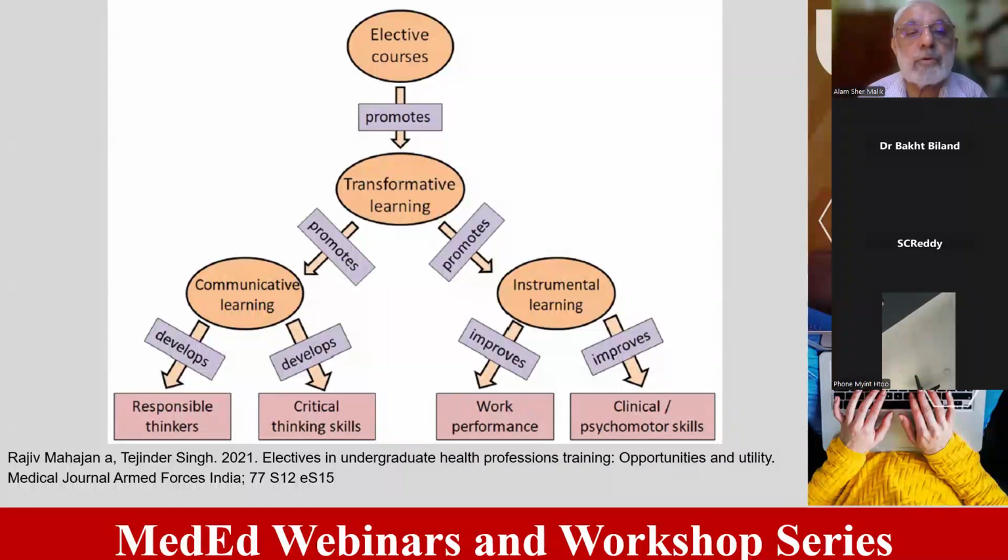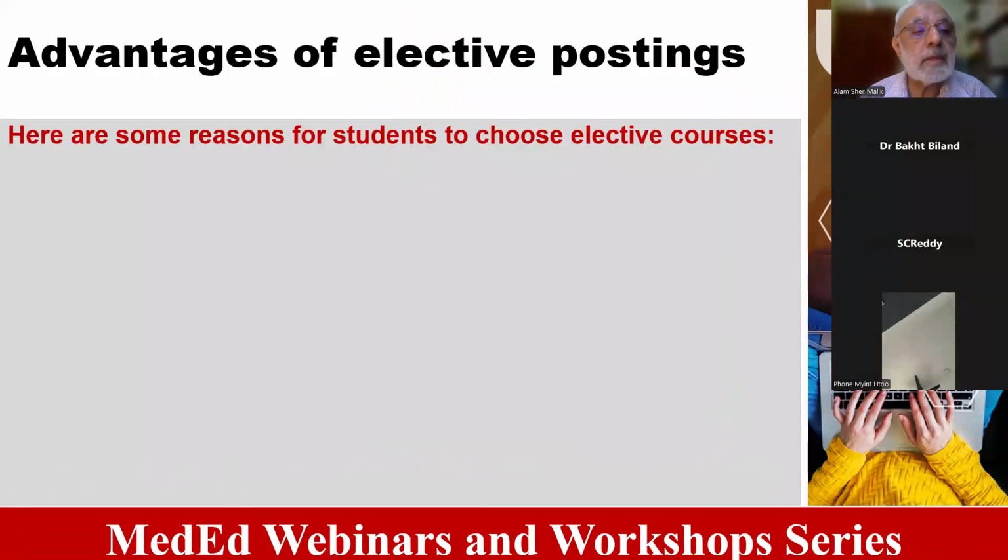Elective courses promote transformative learning, which can be instrumental learning or communicative learning, and then responsible thinkers, critical thinking skills, work performance, and clinical psychomotor skills. So this diagram includes both the generic or soft skills as well as the specific or clinical skills, showing the benefits of elective courses.